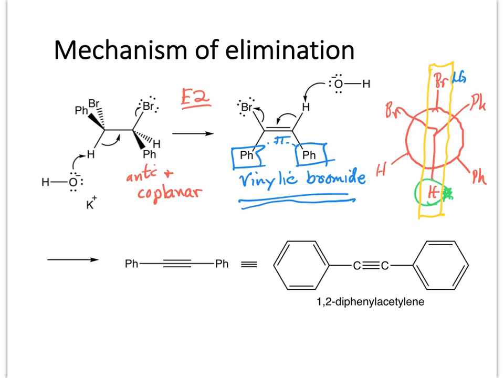And so at our high temperature, and with sufficient potassium hydroxide as base, we can get a second elimination of the vinylic bromide, again, where hydroxide ion is taking hydrogen, electrons are falling down, bromide ion is leaving, in something that is very much an E2 limiting reaction, and then we get our diphenylacetylene, which if we draw the full structure, looks like that.